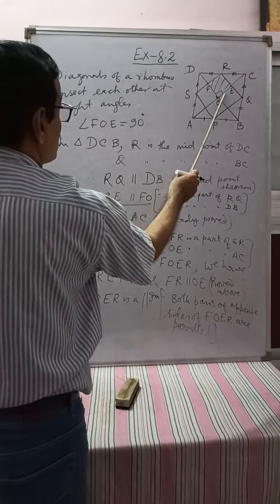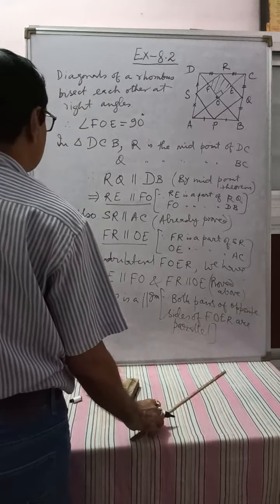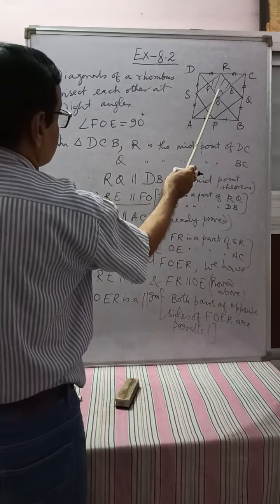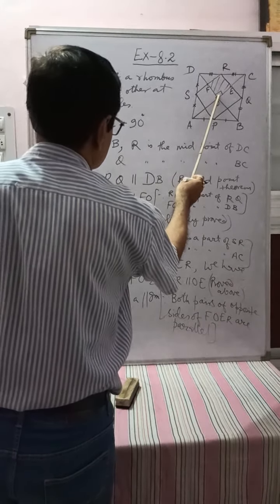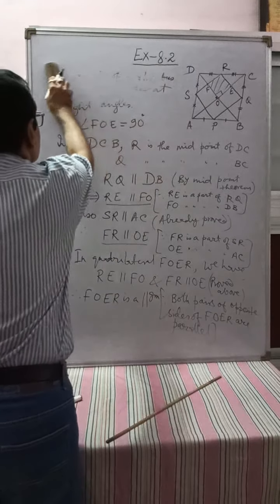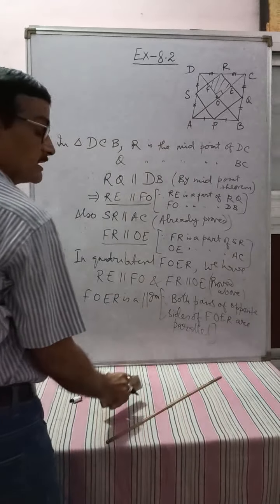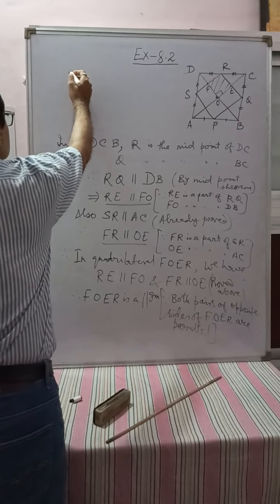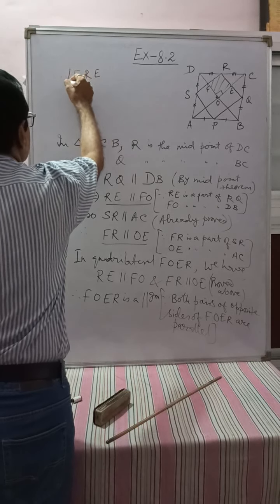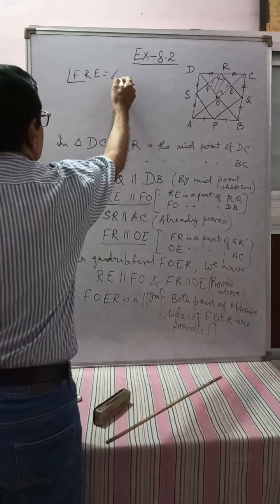Now it is proved that FOER is a parallelogram, and we have already proved that angle FOE is 90 degrees. We know that in a parallelogram opposite angles are equal. So angle FRE is equal to angle FOE.